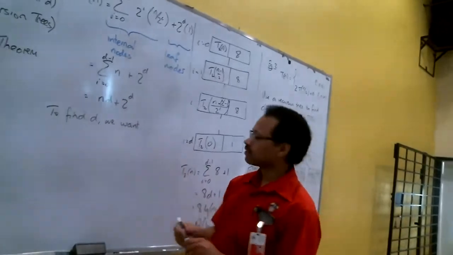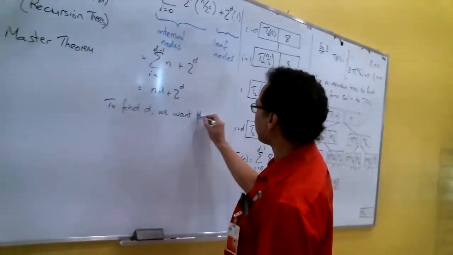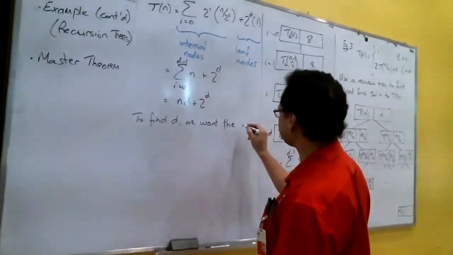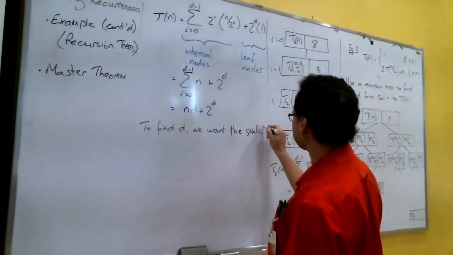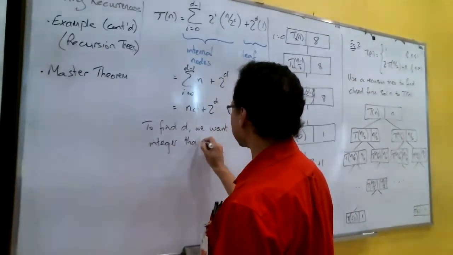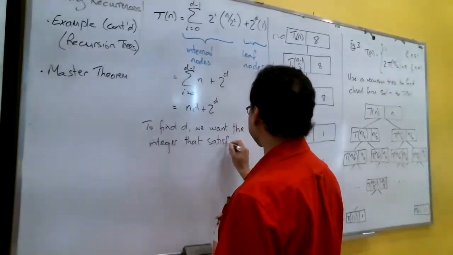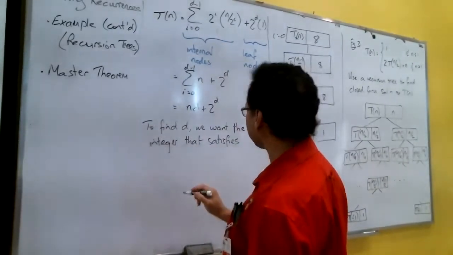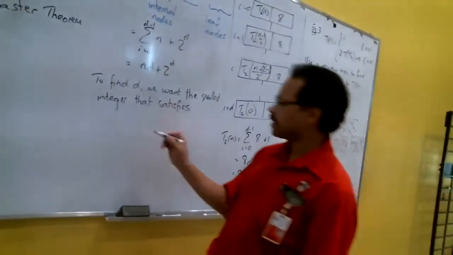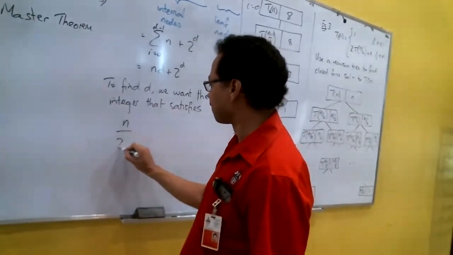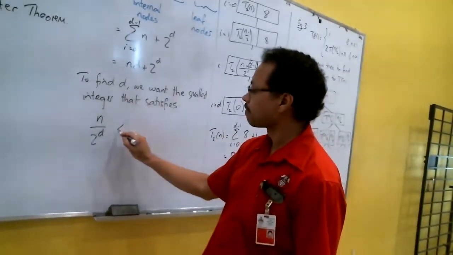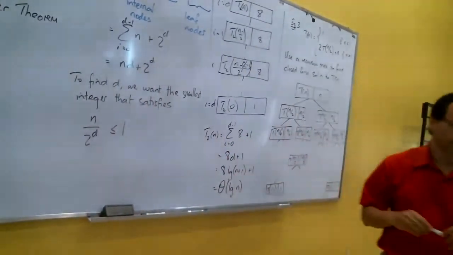Okay? So here we go. I'll write it up here. We want the earliest, or smallest, integer that satisfies the inequality, where the generic input size, n over 2 to the d, has to satisfy the base case condition, which is less than or equal to 1.